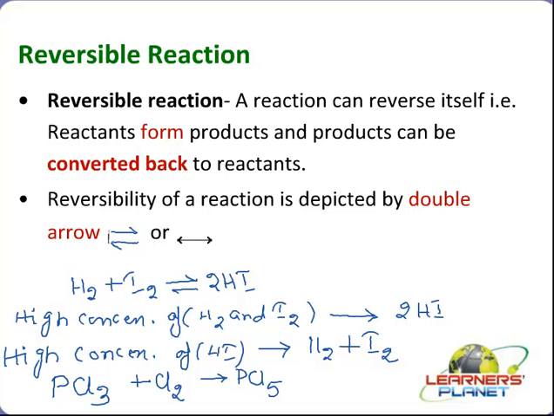Now students, if I change the reaction conditions, what will happen? The reaction will proceed in the reverse direction. That is, PCl5 will form PCl3 plus Cl2. So these are the two types of reactions, reversible and irreversible reactions.